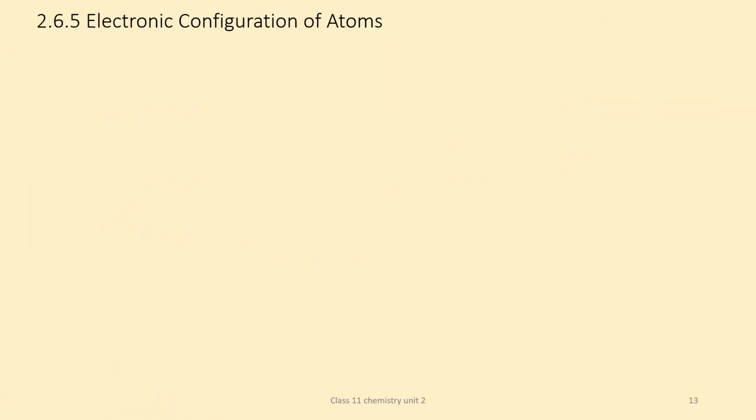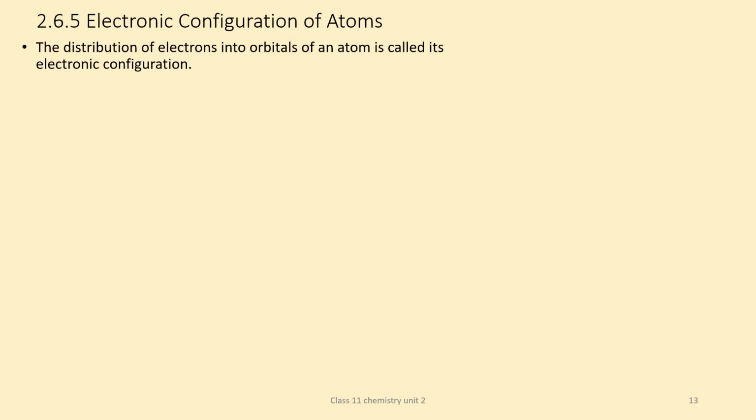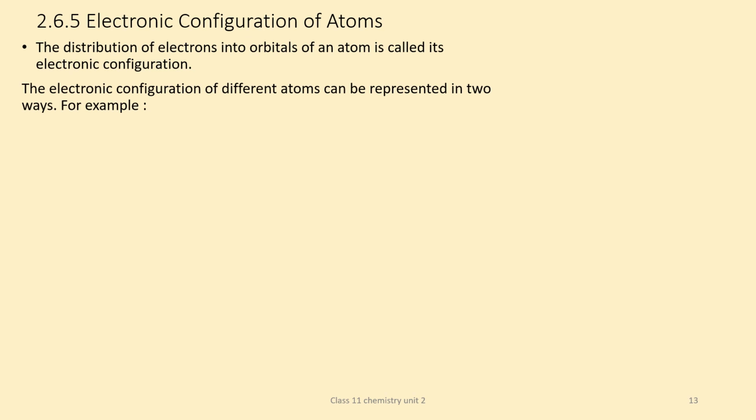Electronic configuration of atoms. The distribution of electrons into orbitals of an atom is called its electronic configuration. If one keeps in mind the basic rules which govern the filling of different atomic orbitals, the electronic configurations of different atoms can be written very easily.